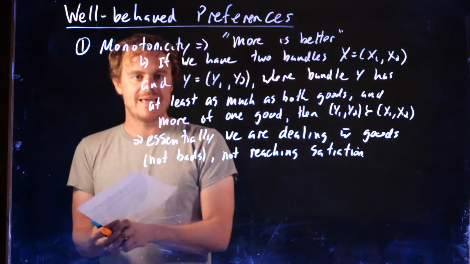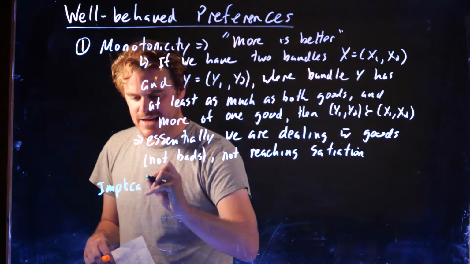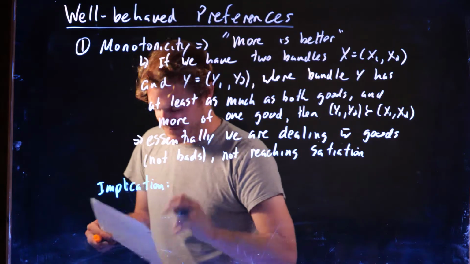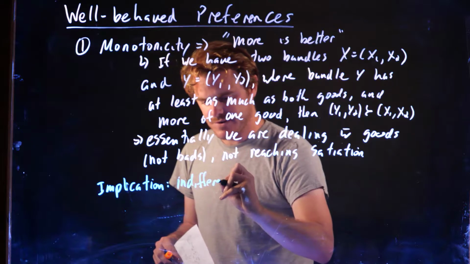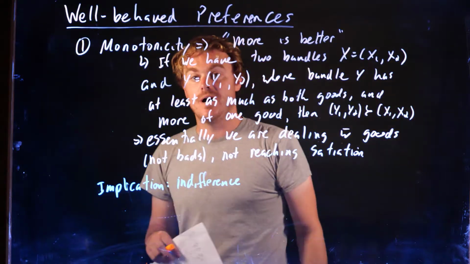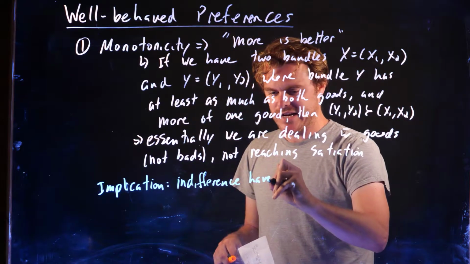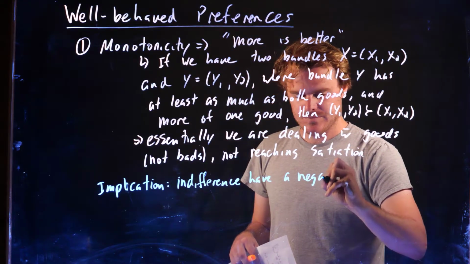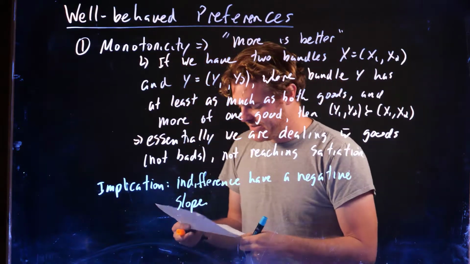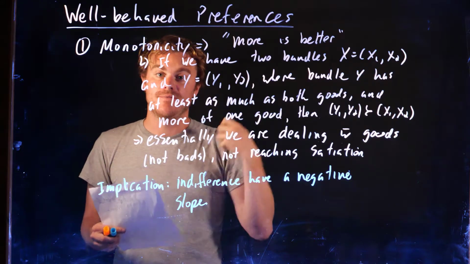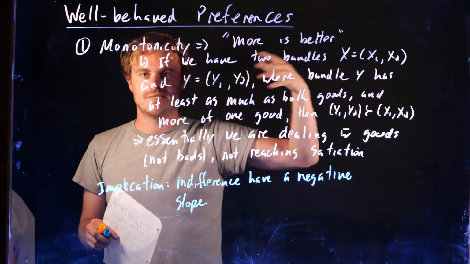So what is the implication for this in terms of our indifference curves? The implication is that there's a negative slope. Indifference curves that satisfy this monotonicity assumption have a negative slope. All right, so that's our first assumption. The next one is going to be convexity. So let's quickly erase that and do the same kind of thing for this next assumption.